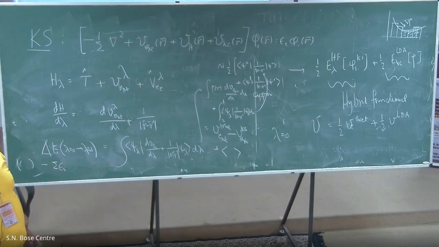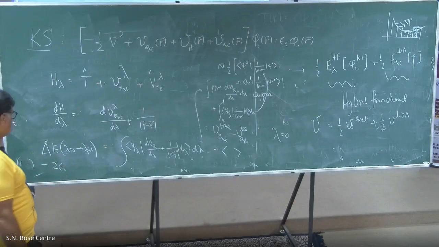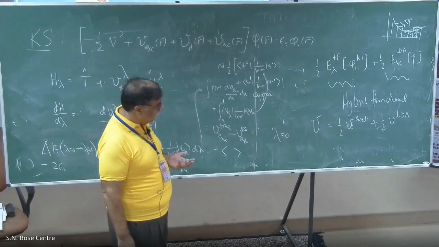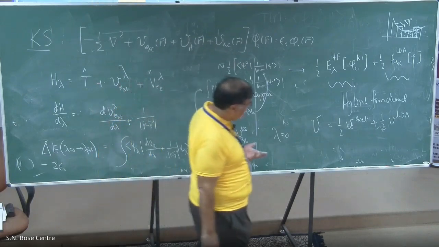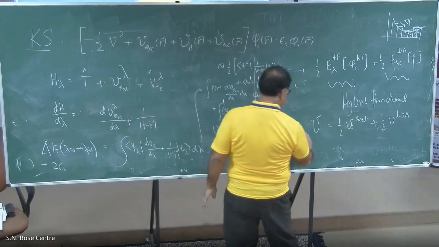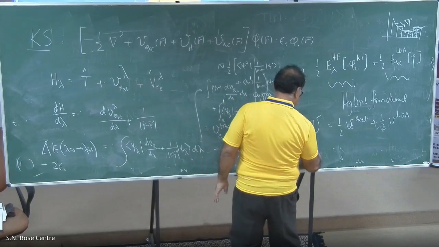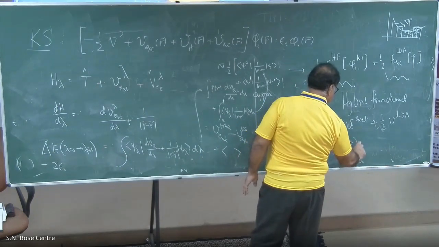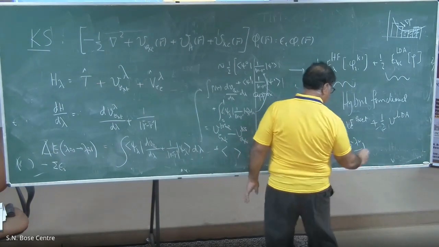You could have also used a different kind of hybrid, where what one did was split the Coulomb potential, 1 over r minus r prime. So V short range will be like E raised to minus lambda r over r, plus V long range.